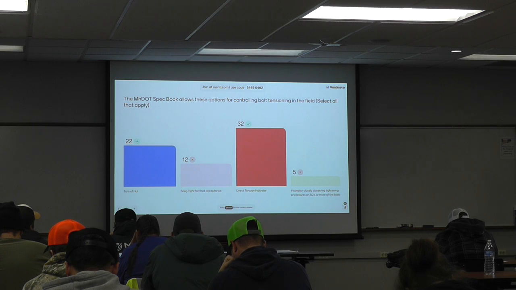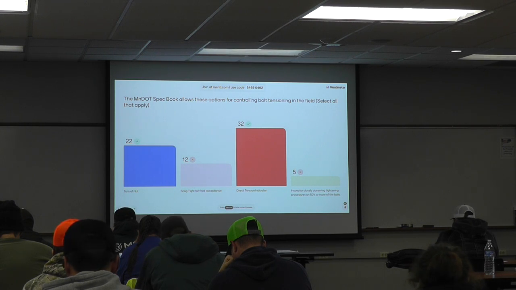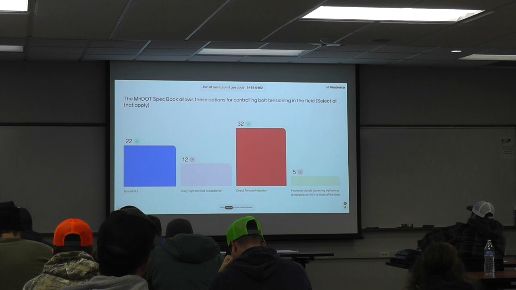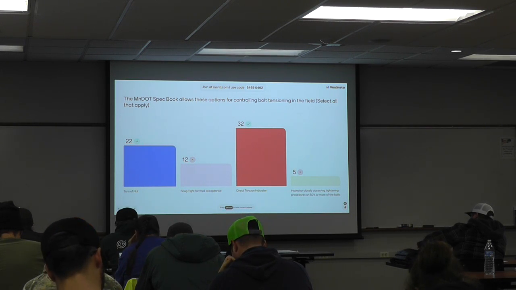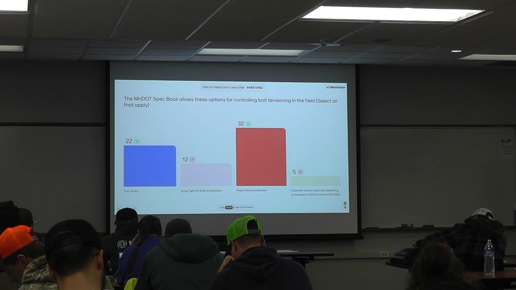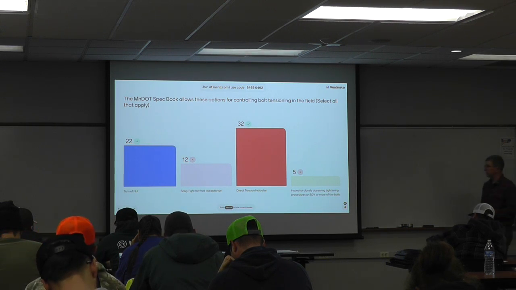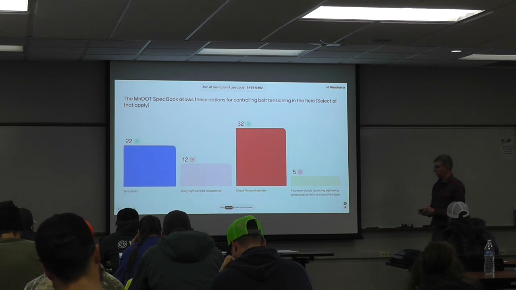Bolt tensioning is on page 396 of the spec, at the very bottom of the page. It says use the turn of nut or direct tension indicator method to verify bolt tension. So both the first one and the third one are correct.